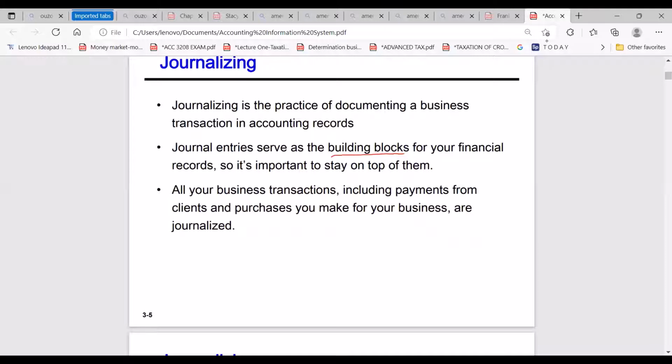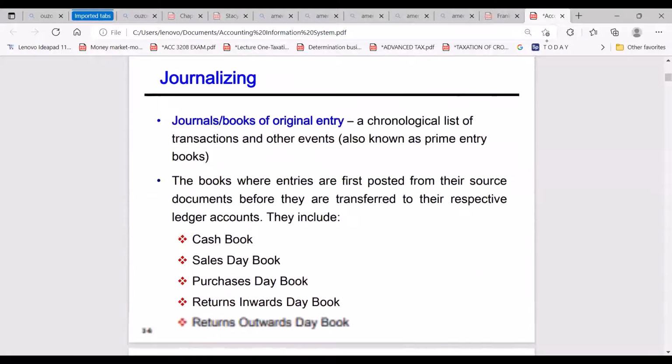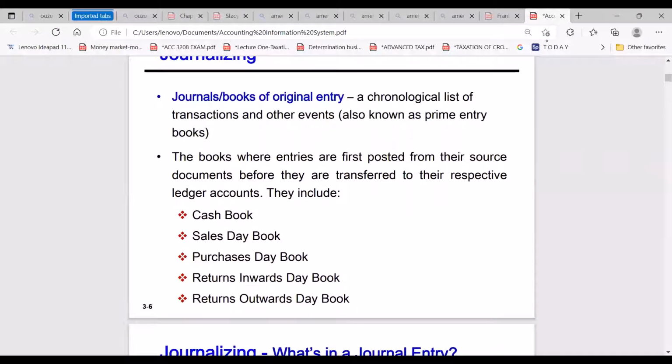All business transactions must be recorded in journal entries or in the books of original entry, including payments, purchases, and any other transaction that has taken place. The journals, or books of original entry, are a chronological list of transactions and other events which the organization undertakes.